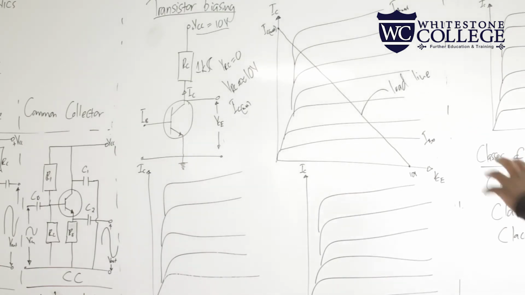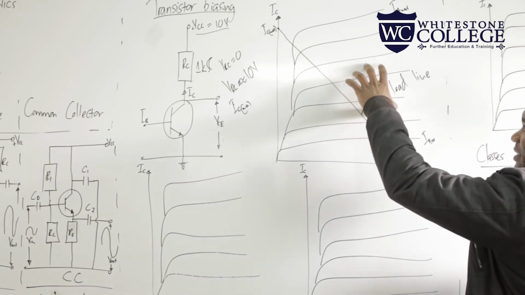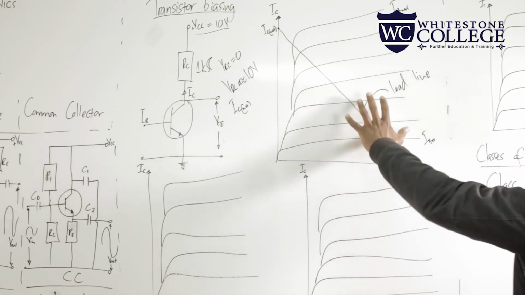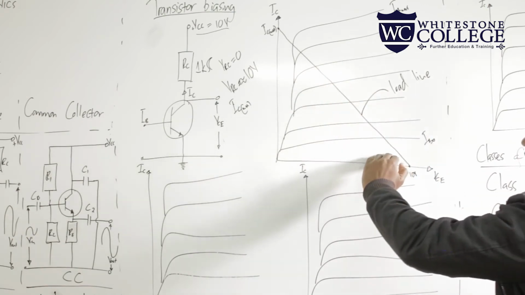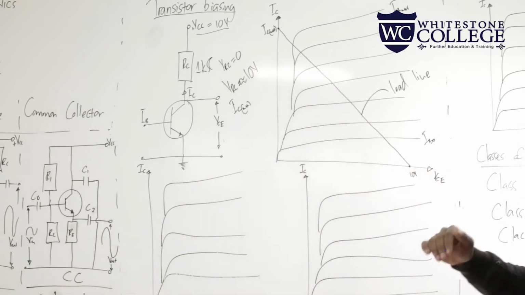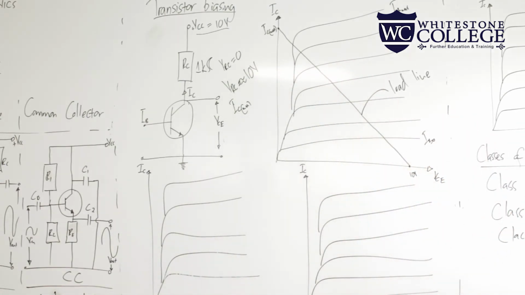Our transistor acts as an amplifier in the active region. Remember, this part represents the active region, this part represents the cutoff region, and this part represents the saturation region. All right. So our load line represents the characteristics of our transistor as an amplifier.